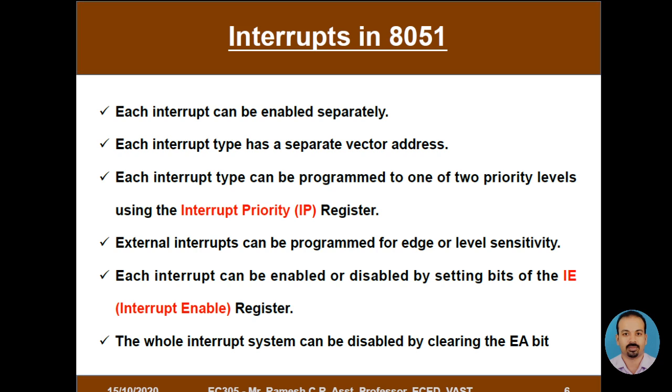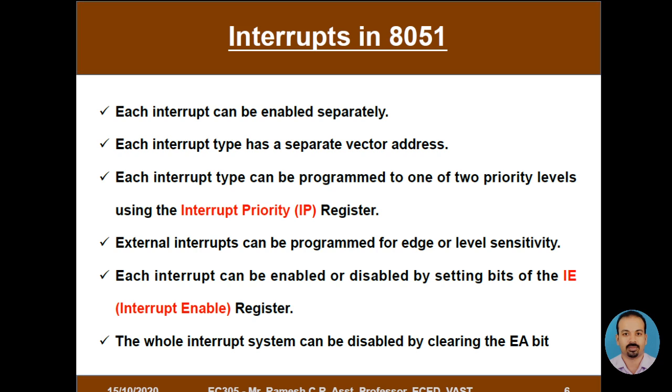The other feature is that apart from the default priority levels, we can modify the priority of each of these interrupt sources by using the bits available in the interrupt priority register. And we have two external interrupts. These external interrupts can be triggered either by an edge or by a level signal.